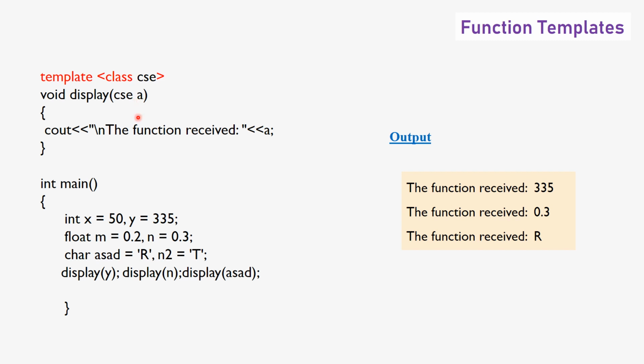So a is now integer, so an integer will be passed and an integer will be displayed. For the second call, n will be passed, which is a float variable, and a float will be displayed, and a character will be displayed when you pass the character variable. So this is a simple function using different types of calls.